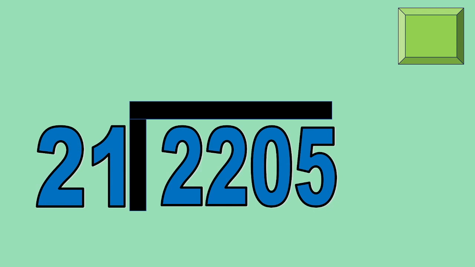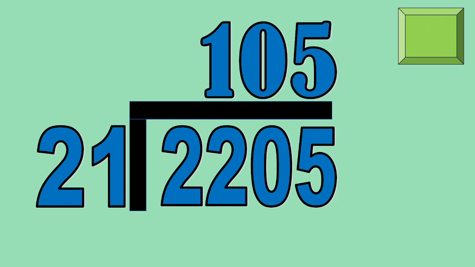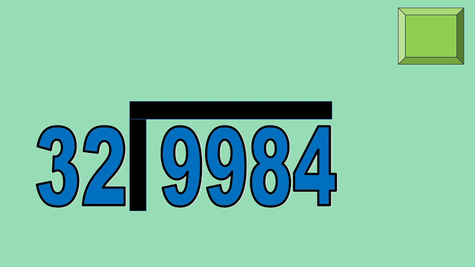2,205 divided by 21. Time's up. The answer is 105. 9,984 divided by 32.